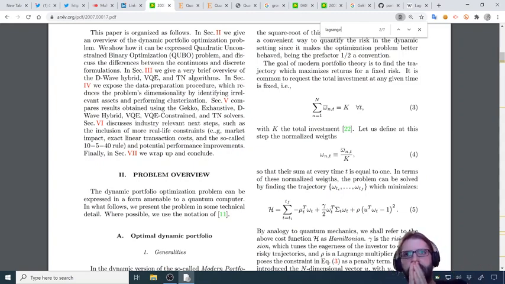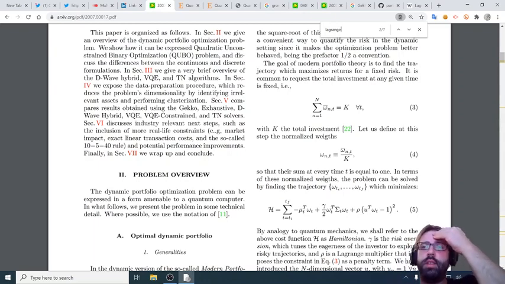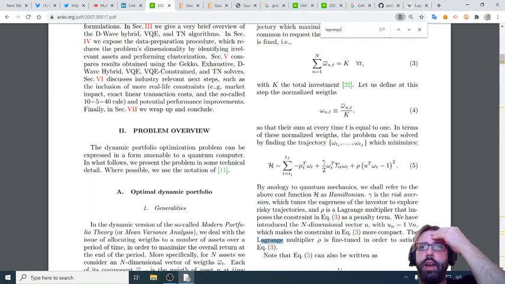But the optimal result that it's picked can be really stretched, or it can be really compressed into just one or two assets. That's the feeling that I have, and I think it makes a bit more sense.